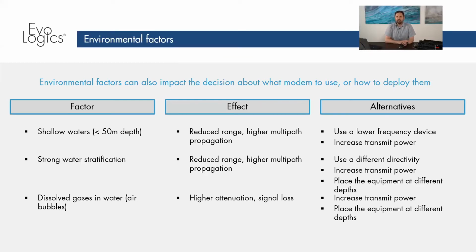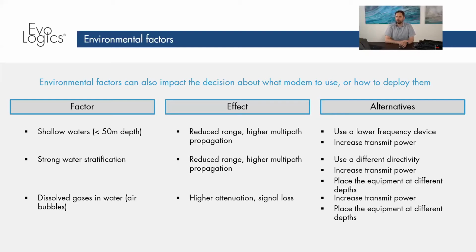Another effect is strong water stratification. That means the water layers that are generated in the water body, so a sudden jump in water temperature or salinity. This has a very similar effect to having shallow waters. It will reduce your range, it will increase your multipath propagation, and there are some solutions that we can propose. So maybe using a different directivity is an option.